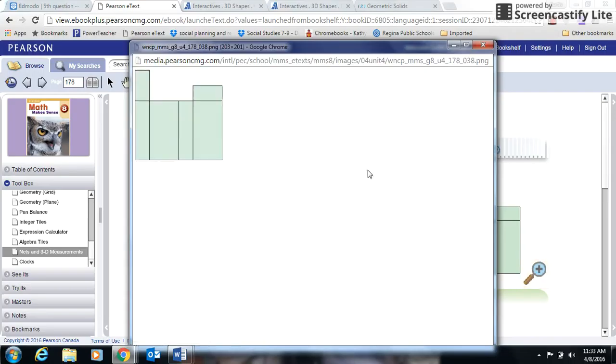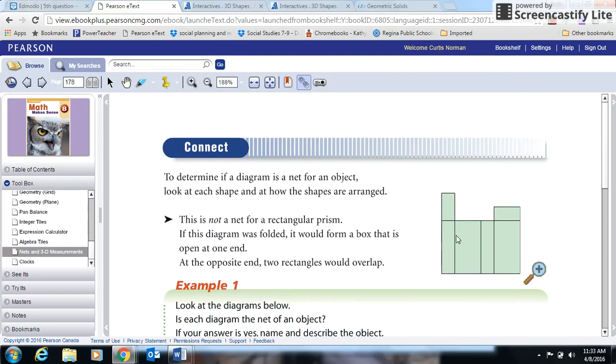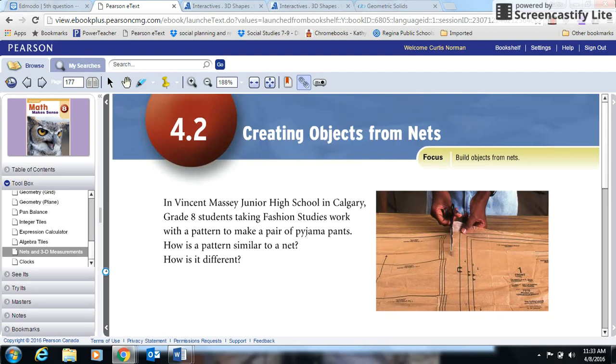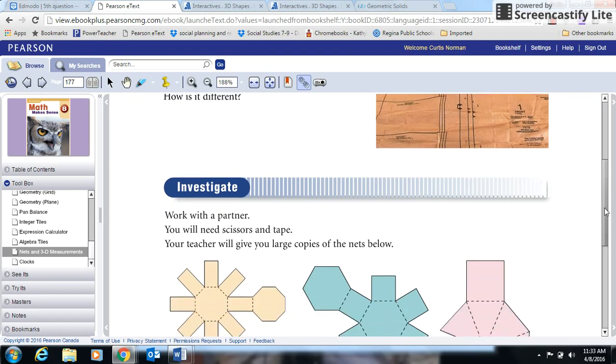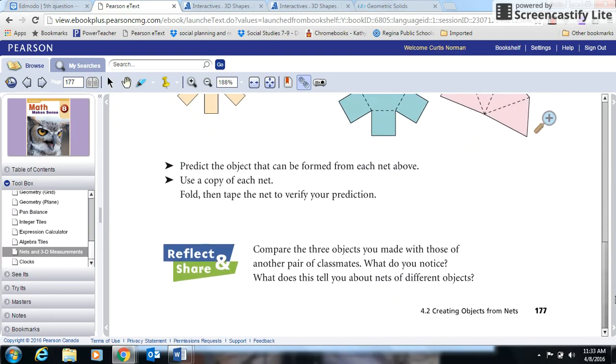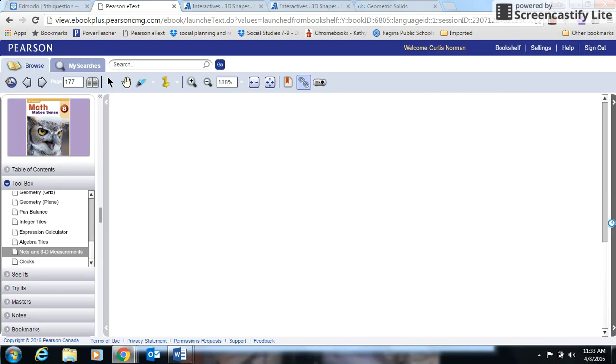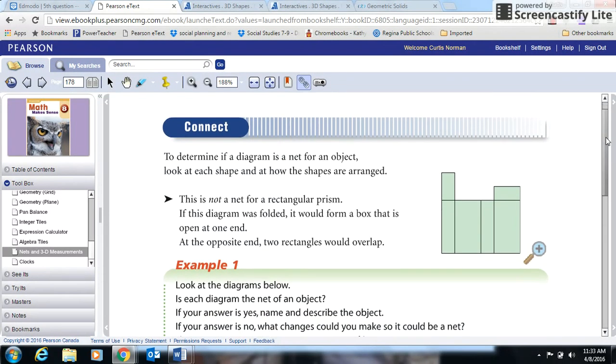Well, here it is. If we were to cut this object out and fold it along all these lines, would it form a three-dimensional shape? Now, a net, let's go back here for half a second. If something is a net, it actually has a top and bottom to it.